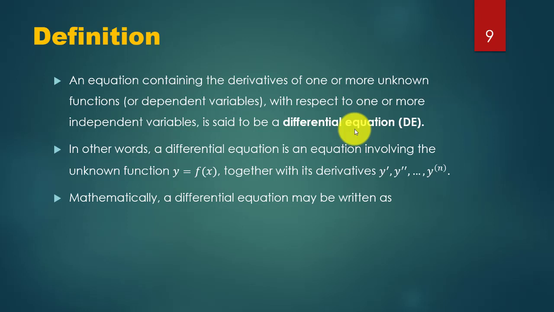Mathematically, a differential equation may be written as F of x, y, y prime up to y to the power n equal to 0. I said earlier that the n in the bracket is the order of the derivative.